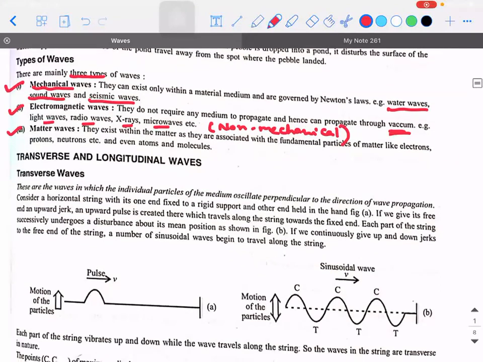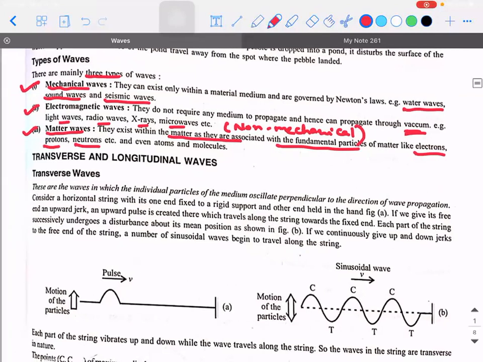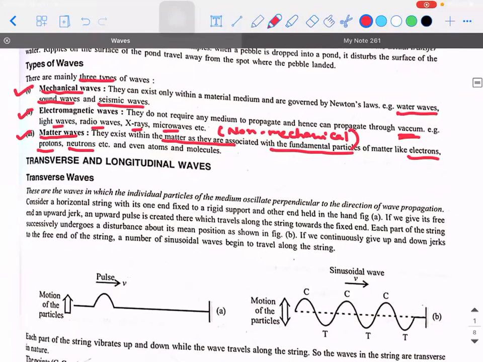And the third is matter waves. So here matter waves, they exist within the matter as they are associated with the fundamental particles of matter like electrons, protons, neutrons. That is, what happens is there is something called as dual nature of matter. I'm not sure if you have heard this.